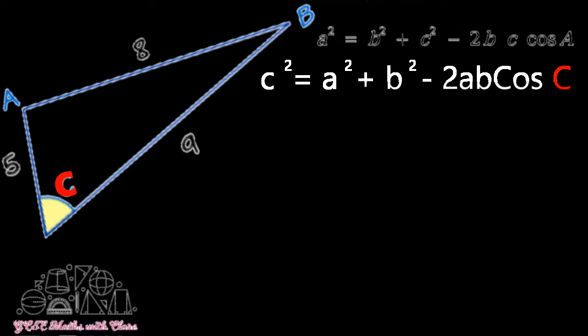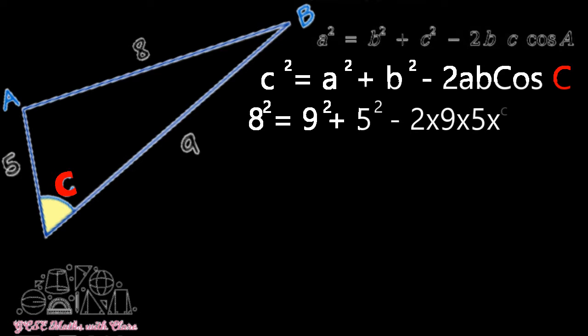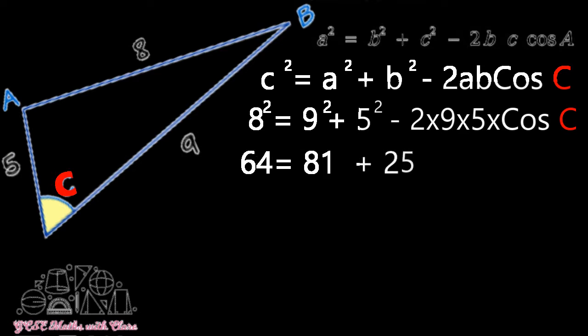So now if I substitute the numbers into the formula, I'll get that 8 squared equals 9 squared plus 5 squared minus 2 times 9 times 5 cos c. So if I work all this out, I'll get that 64 equals 81 plus 25 minus 90 cos c, because 2 times 9 times 5 is 90.